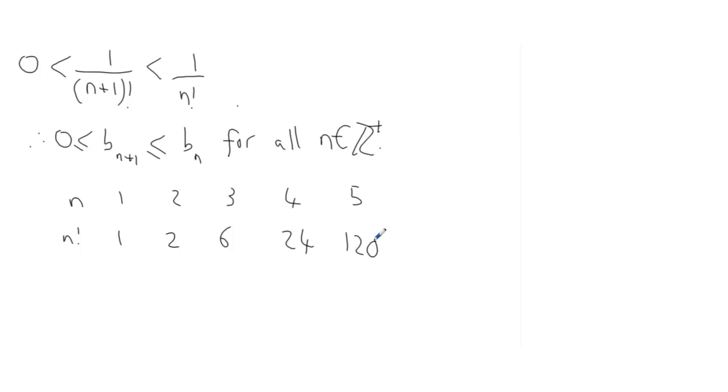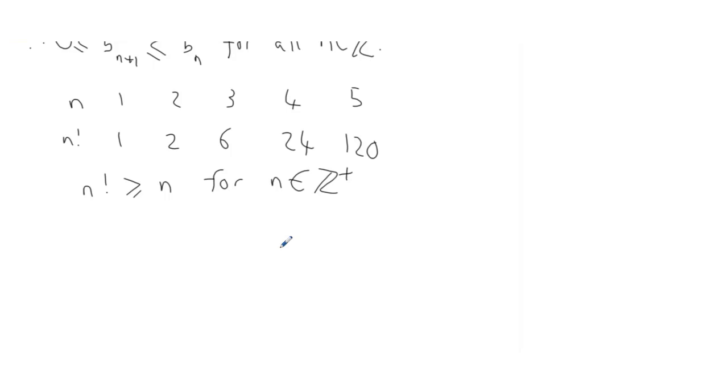So you can see that n factorial is greater than or equal to n for all positive integer n. So if we take reciprocals, 1 over n factorial must be less than or equal to 1 over n, and everything's positive.